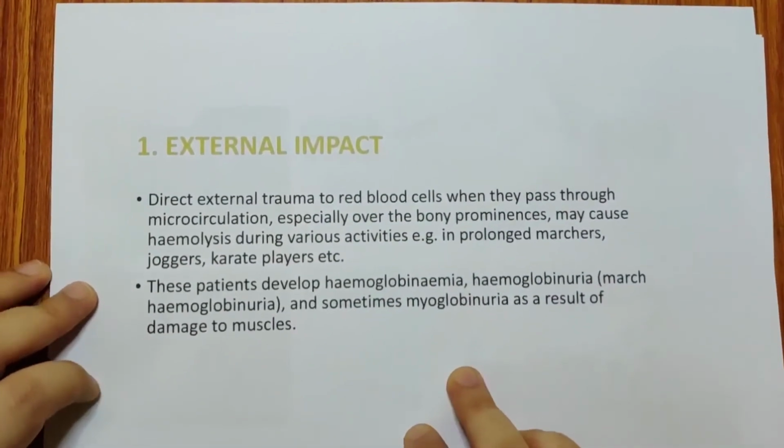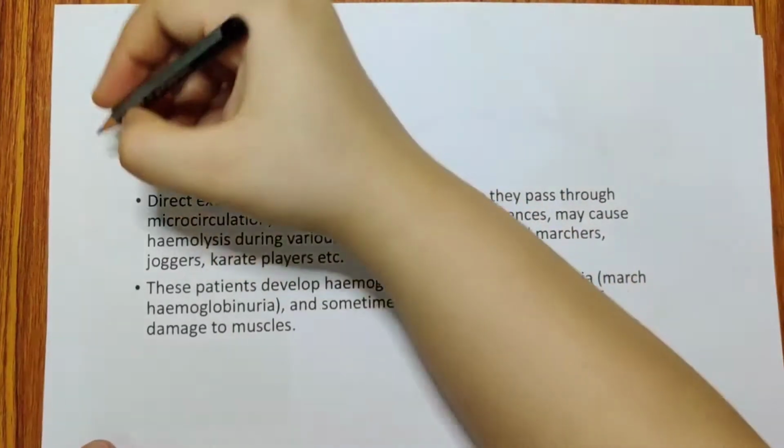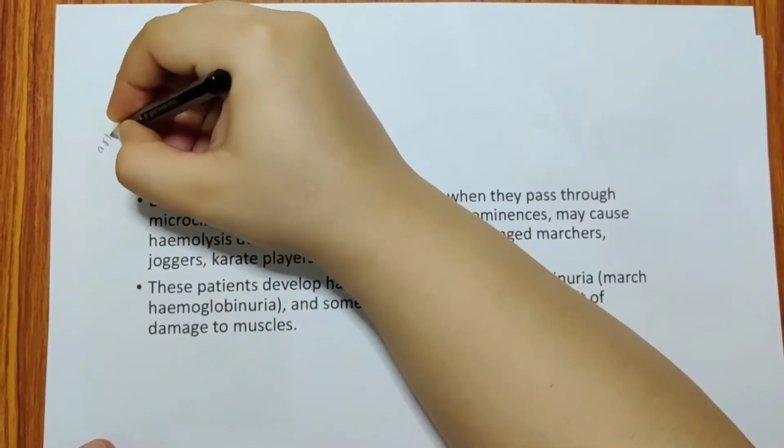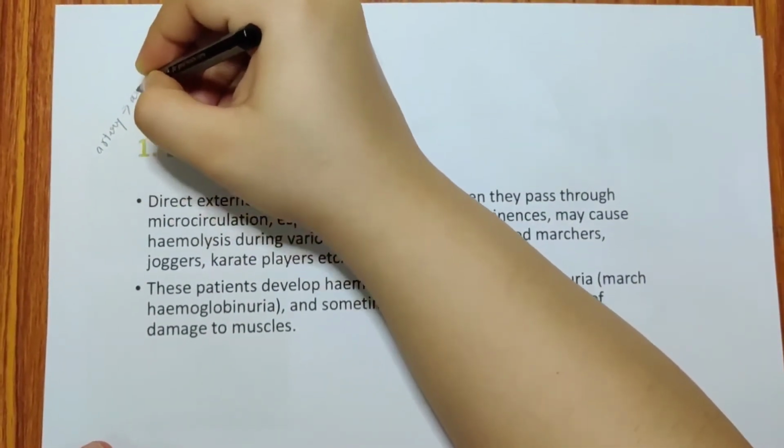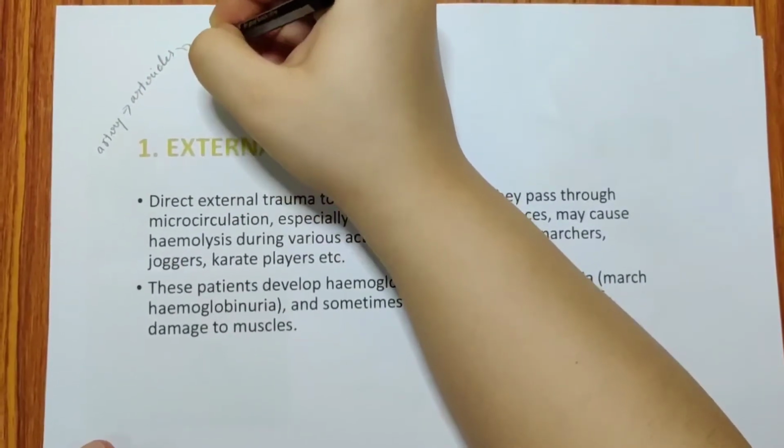First coming to external impact. Direct external trauma to the RBCs when they pass through the microcirculation. What is the microcirculation? You have the artery, then the arterioles, then the capillaries.